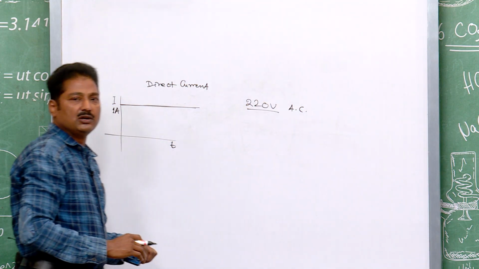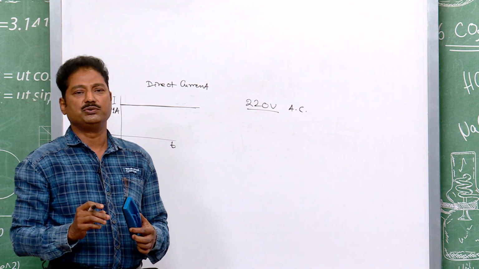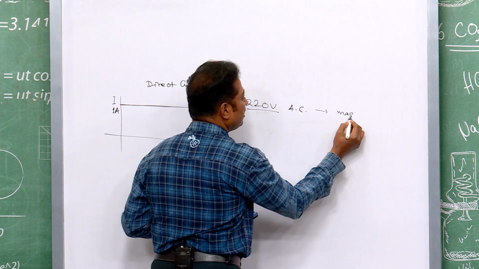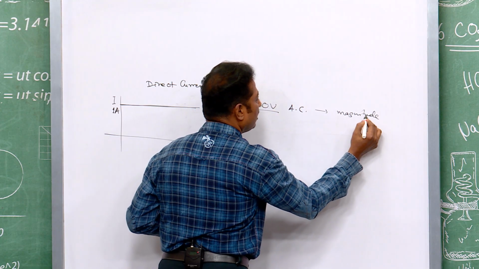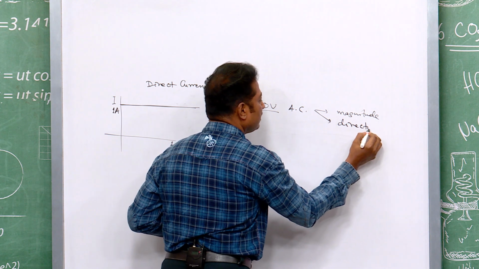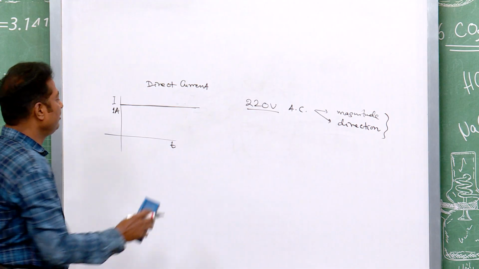It means we are getting AC not of constant magnitude, it is alternating. Alternating means its magnitude will vary and its direction will vary.